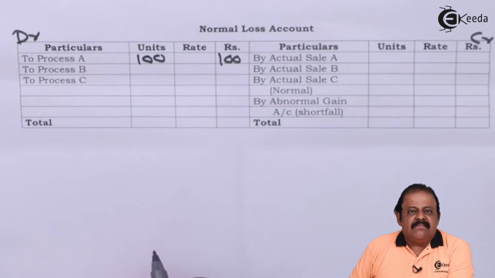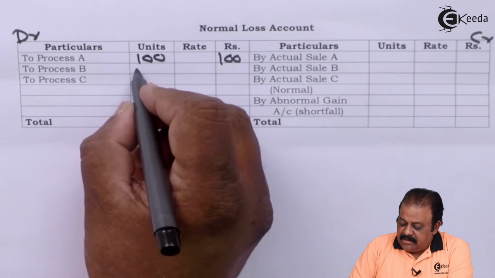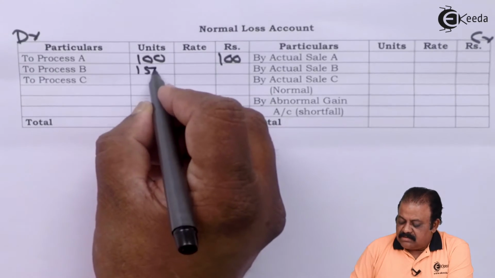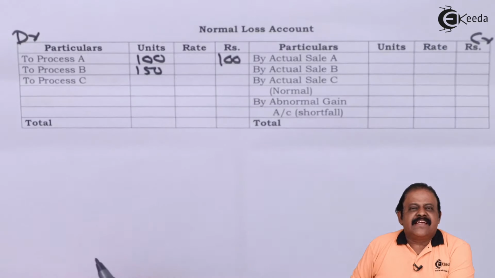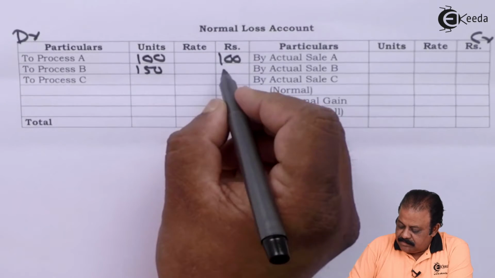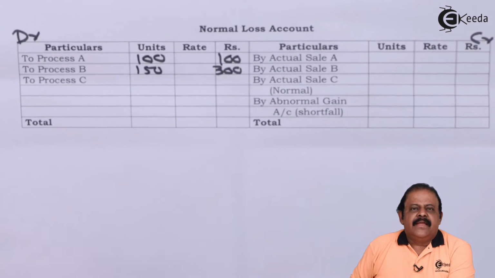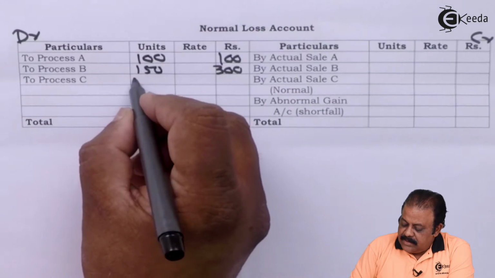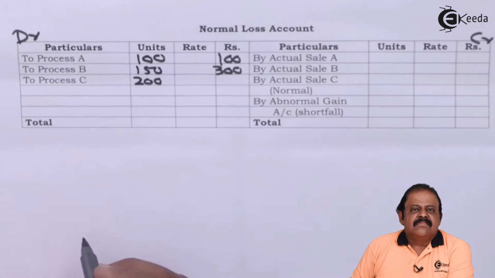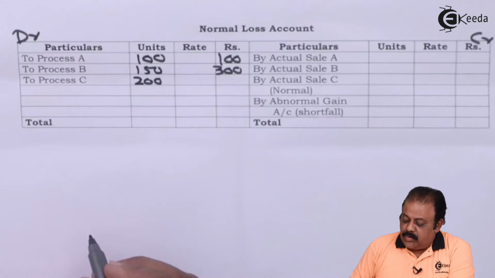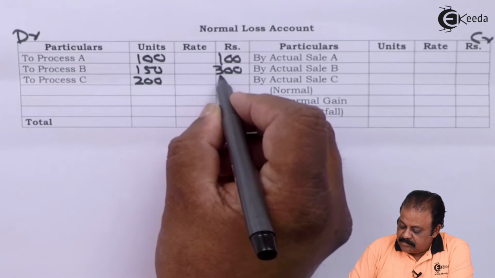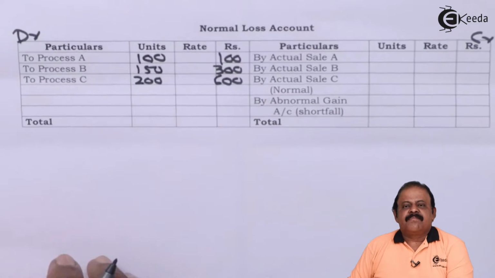In process B, it may be 150 units, and per unit is, suppose, 2 rupees. So 300. In process C, it may be 200 units at the rate of 3 per unit, so 600.